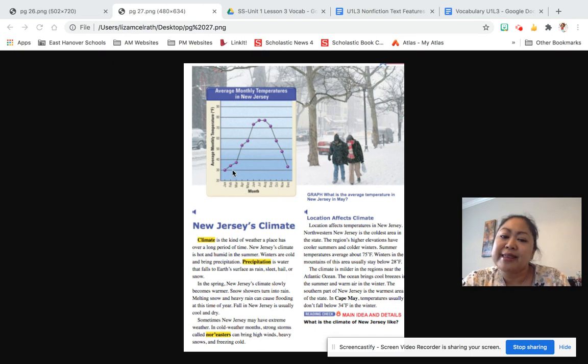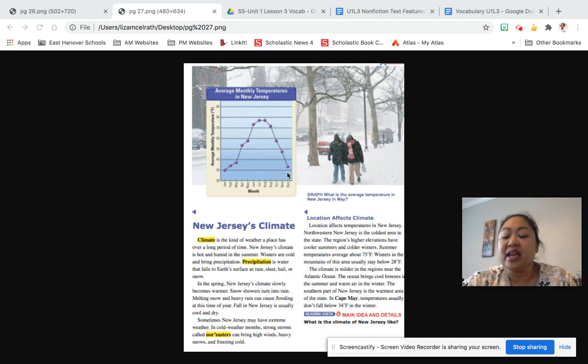Okay, so if we look at this graph, it starts in winter, right? And then the average temperature throughout the month goes higher and higher and higher. Oh, because that's right in the middle of the summer. And then it goes right back down to winter time, right? The degrees, average monthly temperature goes down.